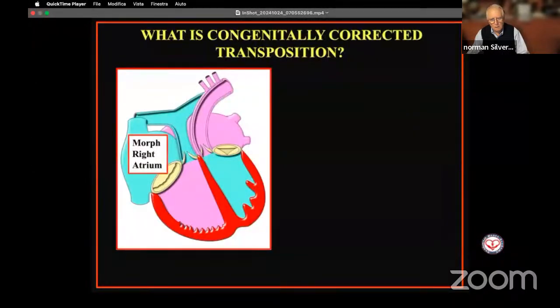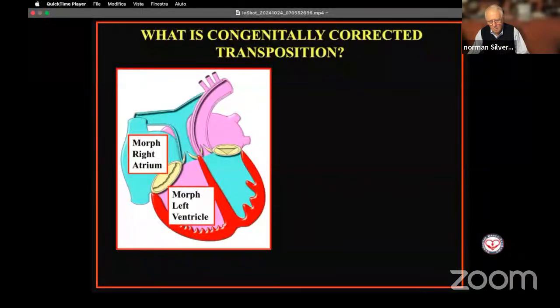So here we have the situation with usual atrial arrangement. As you see, I've put a label on the morphologically right atrium, which is right-sided. Now, because of the discordant atrioventricular connections, the morphologically right atrium pumps the blood into the morphologically left ventricle, and this is right-sided in most instances.